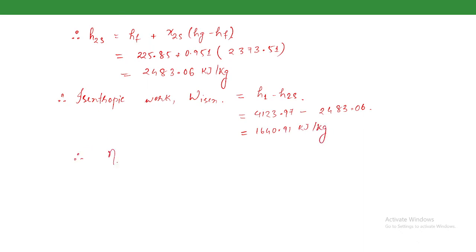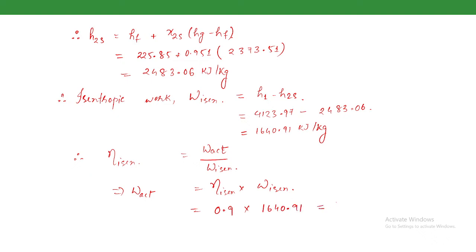Therefore, what is isentropic efficiency? Isentropic efficiency is actual work by isentropic work. So actual work will be isentropic efficiency multiplied by isentropic work. This is 0.9, since 90% is the isentropic efficiency, times 1640.91. So this is 1476.82 kilojoule per kg.